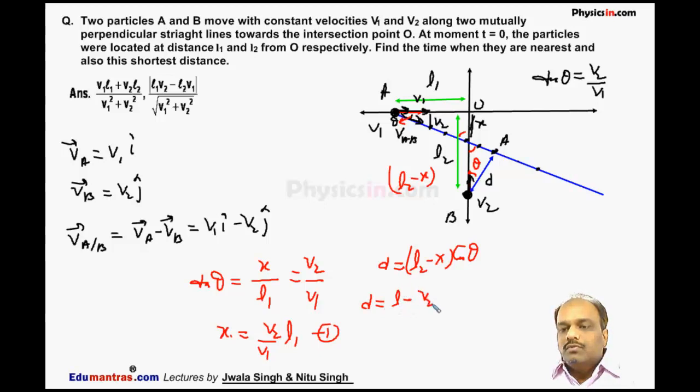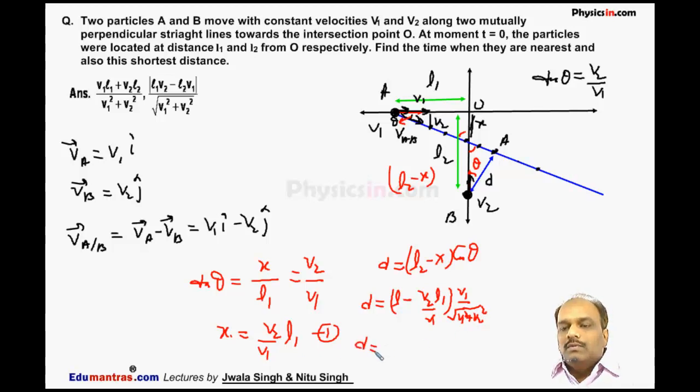So d, that is the minimum separation, is L2 minus v2 L1 by v1, into cos theta. If you see tan theta is v2 by v1, then we can say cos theta is v1 divided by root over v1 square plus v2 square. This is cos theta.